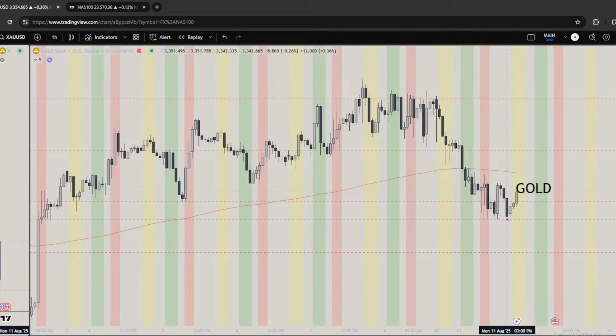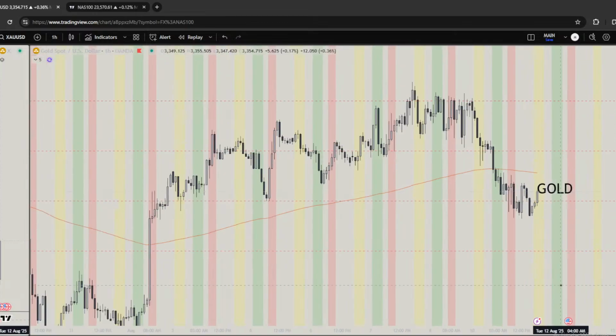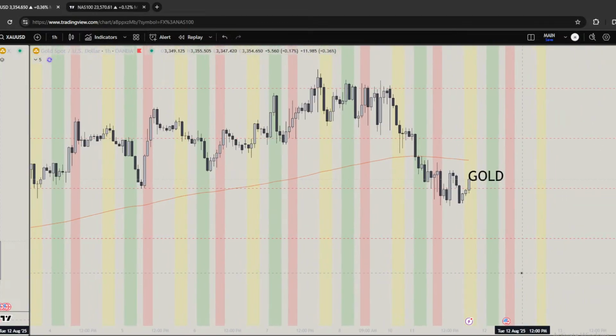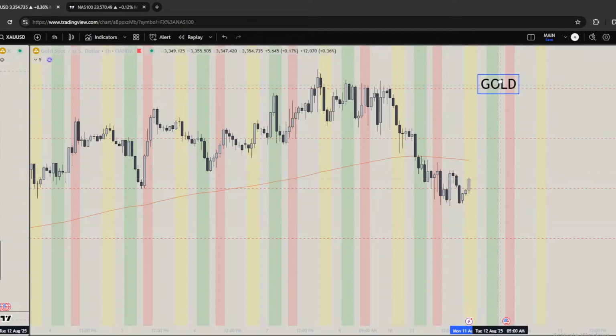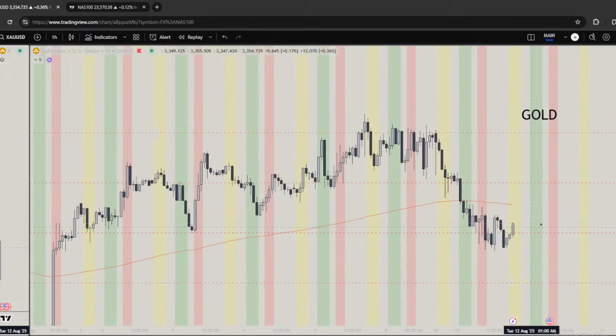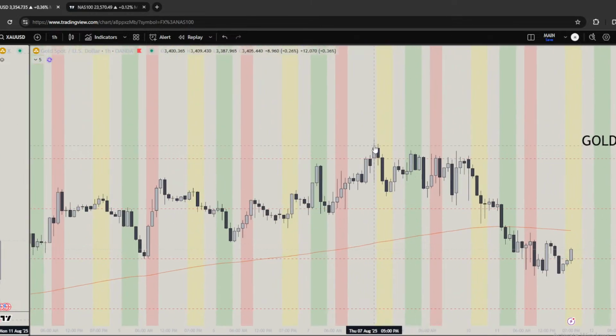Still creating lower lows, just creating these equal lows. We're below the 200. Still standing above. Literally, we're just consolidating.